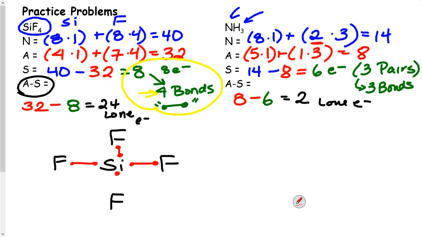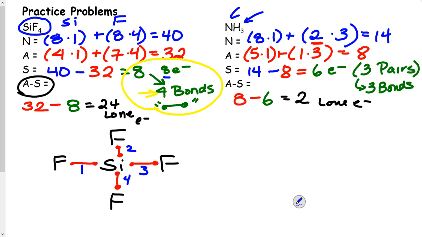And as I'm doing this, I'm exaggerating the bonds by putting the electrons on the end of it. So if we look at the standpoint of what we've calculated, we have 4 bonds. So we have 1, 2, 3, 4 bonds that we've now placed between the silicon and the fluorine.